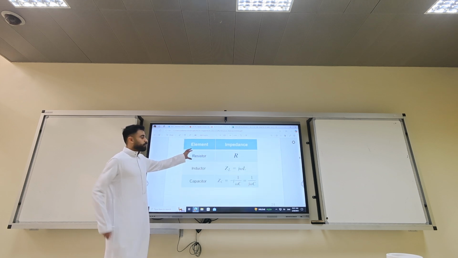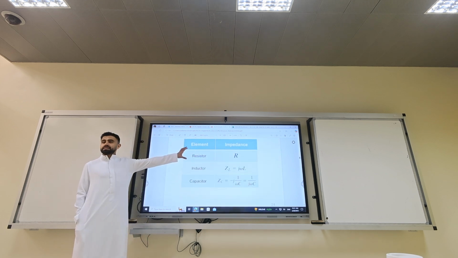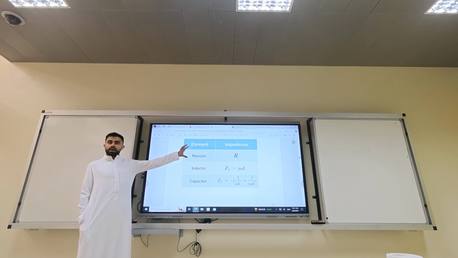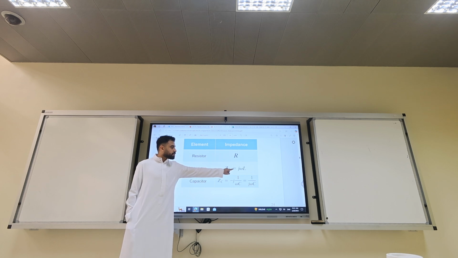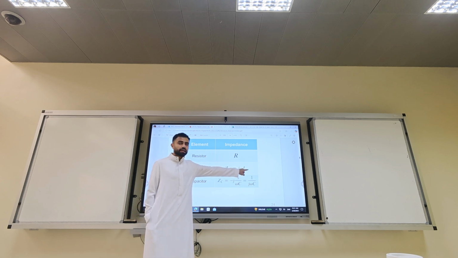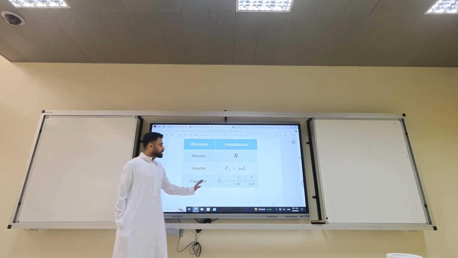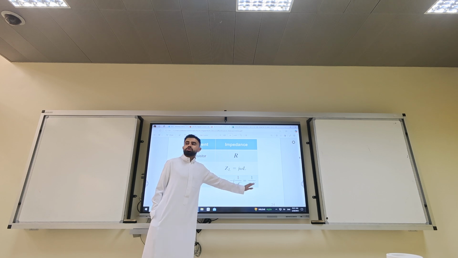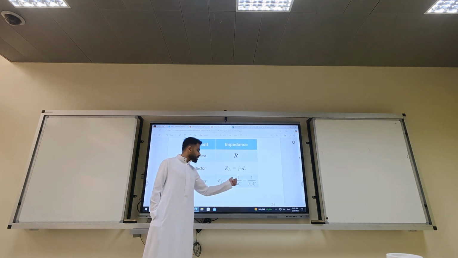Do you remember this table? For a resistor, the impedance Z equals R. For an inductor, Z sub L equals j times omega times L. Omega is whatever is before the t in the sinusoidal expression. For the capacitor, it is 1 over j times omega times C.